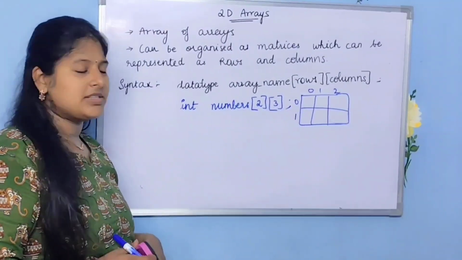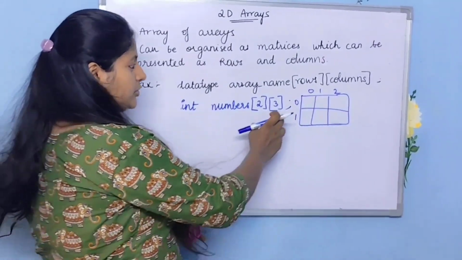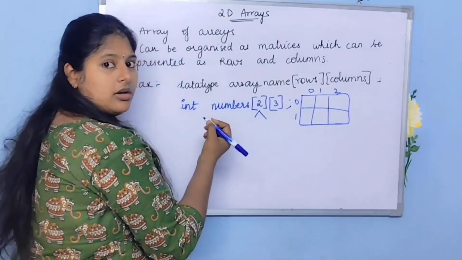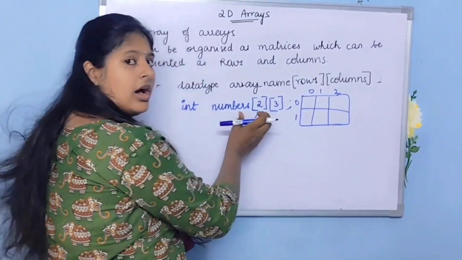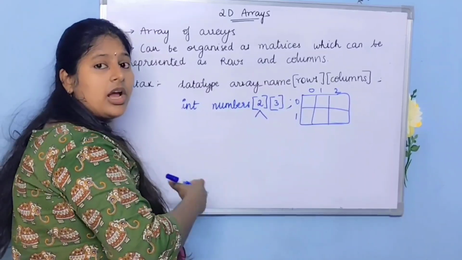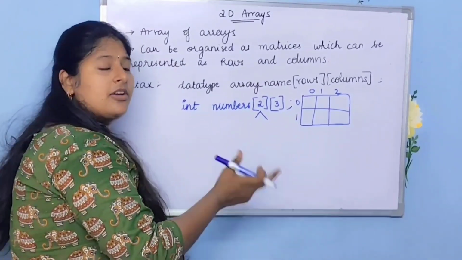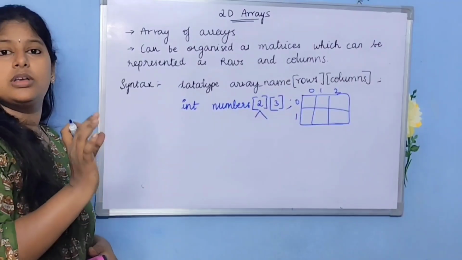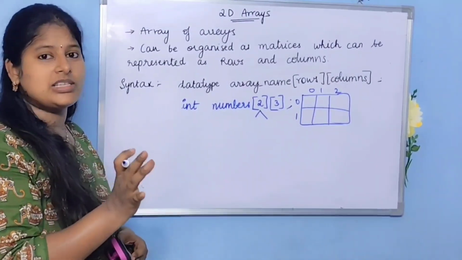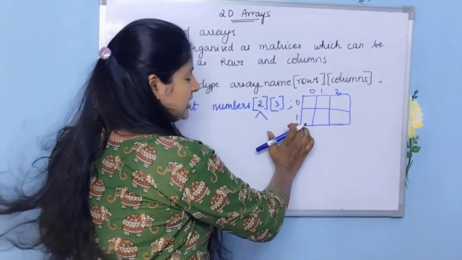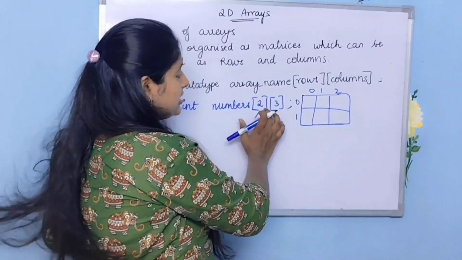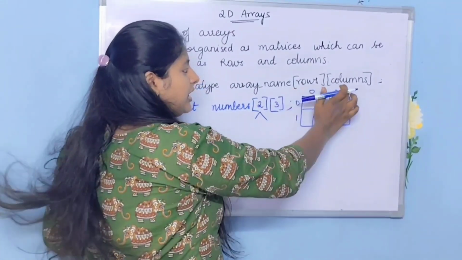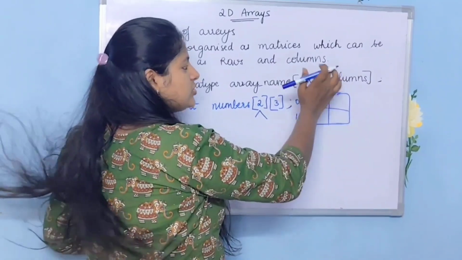Since array index starts from 0 to n minus 1, you have to start here. This is the outer one. This is my first row. I have to keep inserting or reading elements with the reference of rows. Since rows are 2, my index starts from 0 to n minus 1, that is 1. Since my columns are 3, I have to start from index 0 to n minus 1: 0, 1, and n minus 1 is 2.